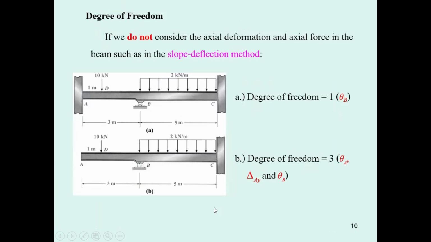Now, I already mentioned the degree of freedom, and on this problem we have only theta sub B from the previous slide. And for this one, we have 3 degrees of freedom. Ajahn said for this kind of beam, the displacement method is going to be very good, but for this one, the force method is going to be better.